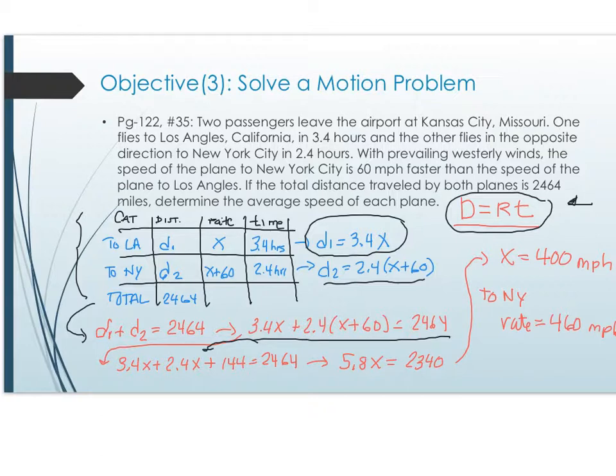Why? Because we subtract 144 from both sides of the equation. Now we divide 2320 by 5.8, and we get x is equal to 400 miles per hour. So that is the rate going to LA, and the rate going to New York is 460 miles per hour.